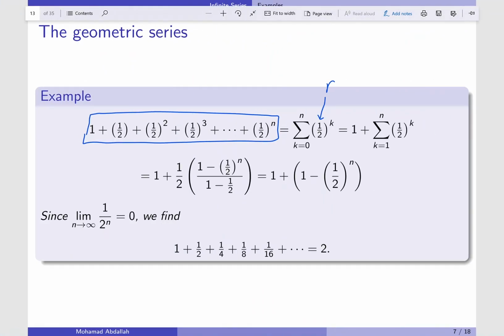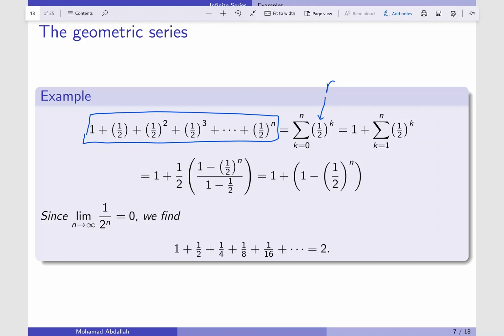In the example I have here, this is not exactly the same, because this is written in the following form: k equals 0 to n of 1/2 to the power k. So I need to make it look like the one that I had.